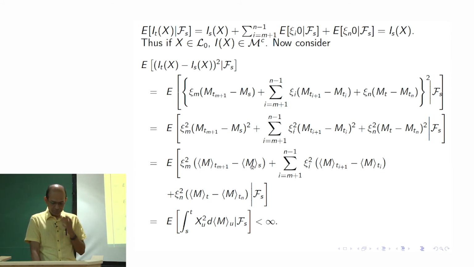So that appears here. For the same reason, for all of these terms, we are going to get exactly the difference of the quadratic variation. So (M_{t_{i+1}} minus M_{t_i}) whole square gives the quadratic variation of M at t_{i+1} minus the quadratic variation at t_i. I'm not saying that this is equal to this, but after applying conditional expectation, you would get that this is equal to this thing. So we can get this for all these three terms.